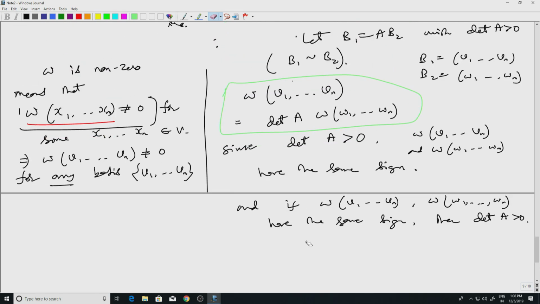Actually I am interested in the case when this sign is positive, in particular the set of all bases such that omega is positive is an equivalence class.